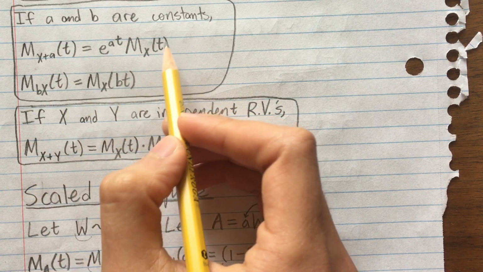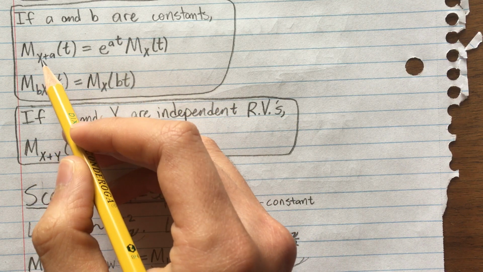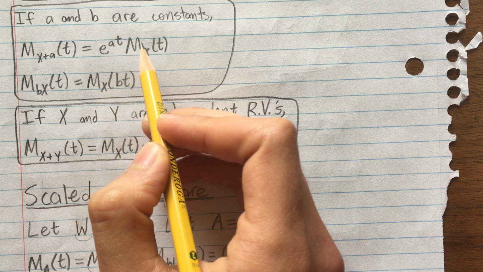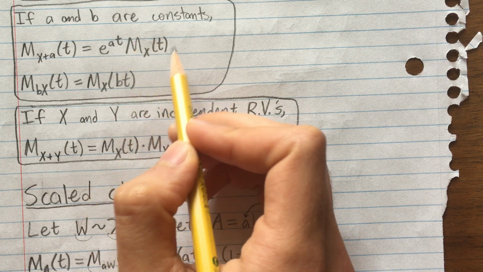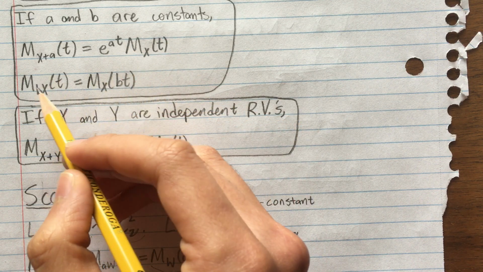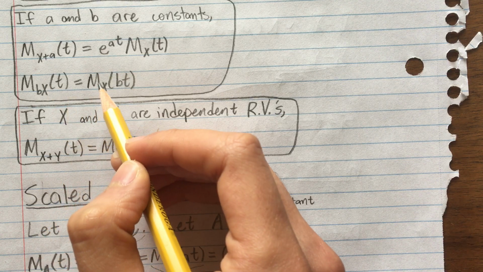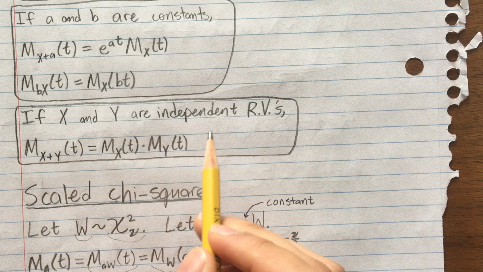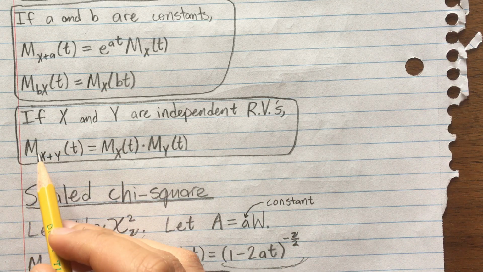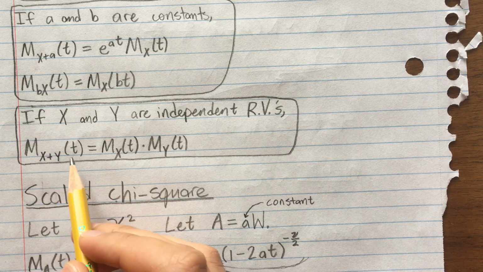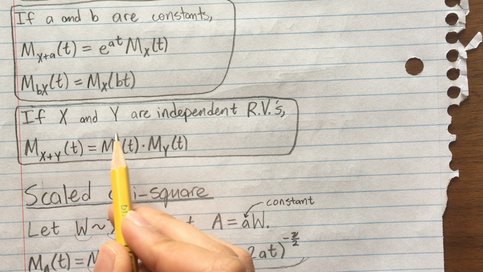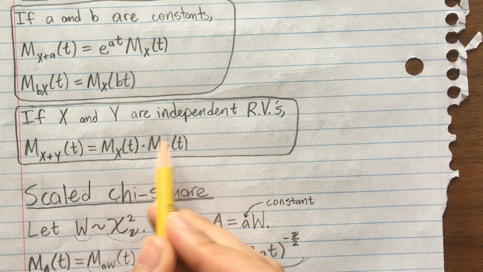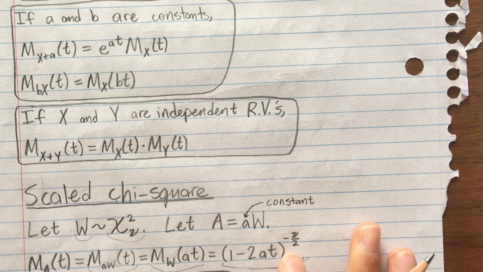If a and b are constants, then the moment generating function of x plus a is e to the at times the moment generating function of x. The moment generating function of b times x is the moment generating function of x evaluated at bt. And if x and y are independent random variables, then the moment generating function of x plus y is the product of the two moment generating functions. That's going to be important later.